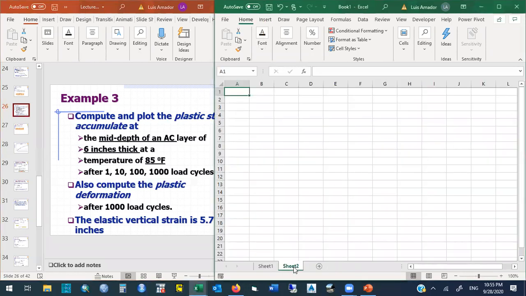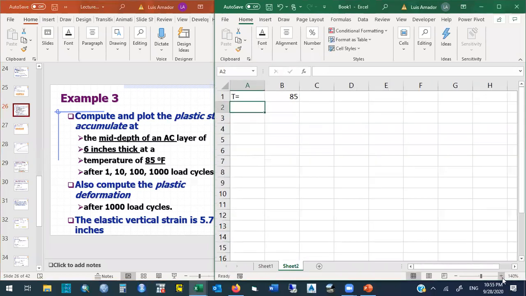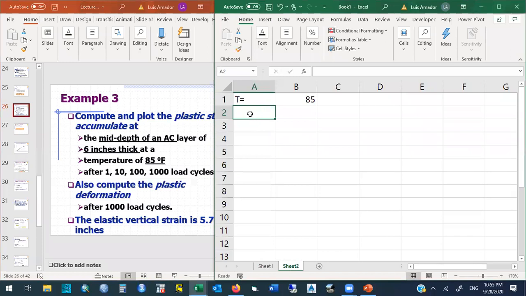Okay, let's see. So my temperature is 85, and the thickness of the layer is 6. And the loads, well, I'd be interested in several of them, but the 1,000 is like the maximum.